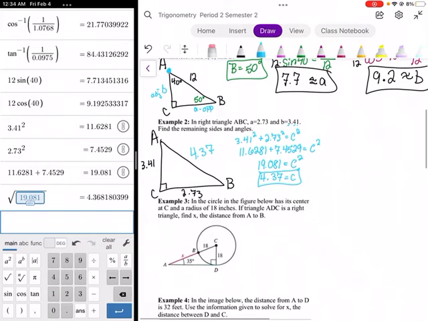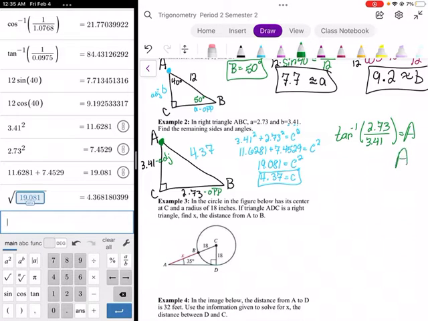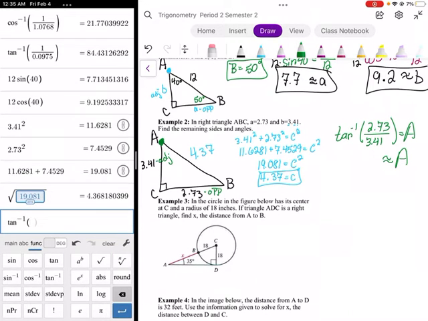Next, we can go ahead and find our angles. I'm going to start with angle A. They gave us what our opposite side was and our adjacent side. So I'm going to go ahead and use my inverse tangent function to figure out what angle A will equal. Then from there, I can use that information to find angle B without having to do another trig ratio.